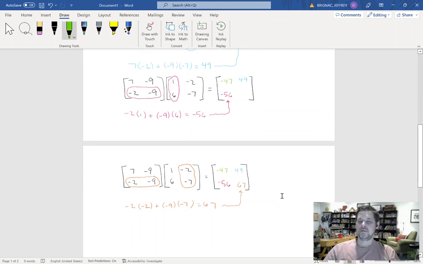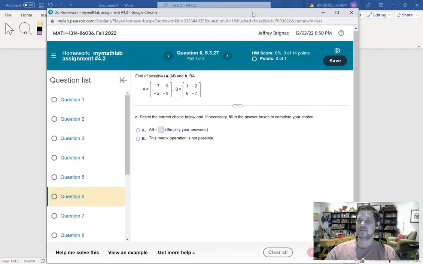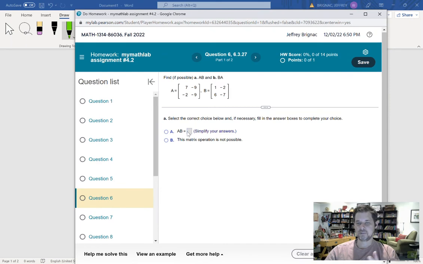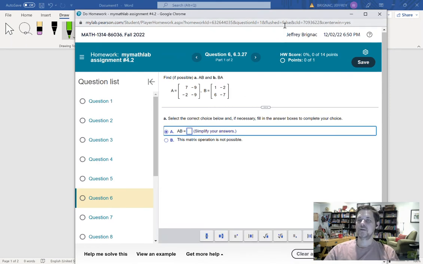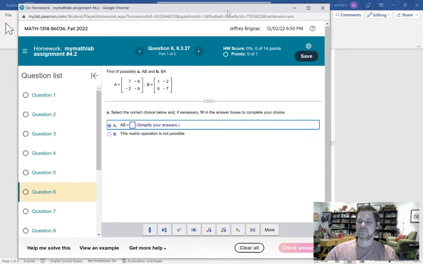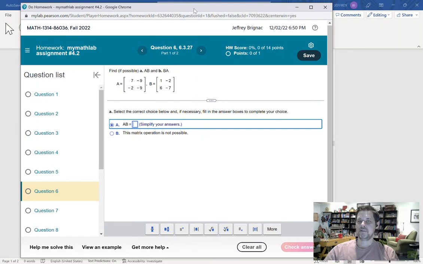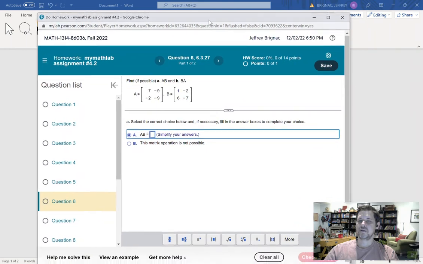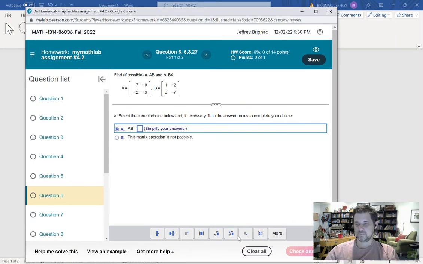Now, let's talk about entering this in. Entering the answer in is a separate issue, and like I said, I got a question today about somebody who's having trouble doing that. So here goes. I'm on my math lab at this point, and I want to put my answer in. My answer is right here. I've got my template down here of all the kinds of stuff I can put in.